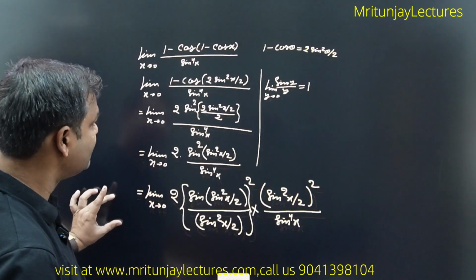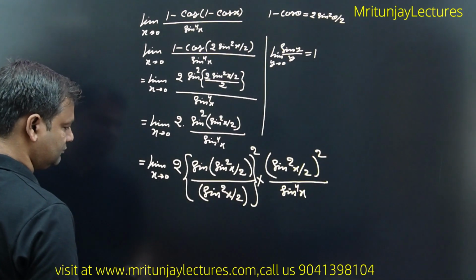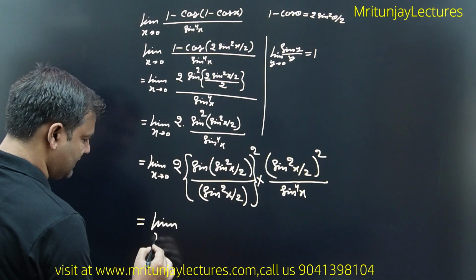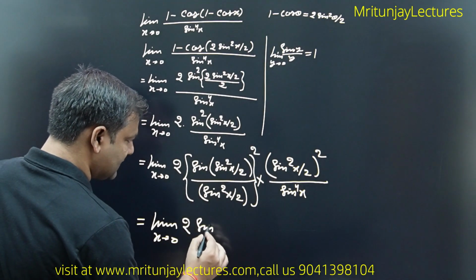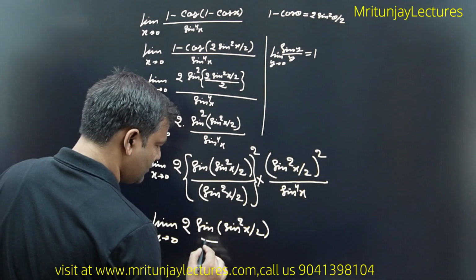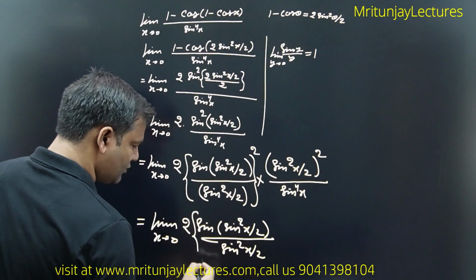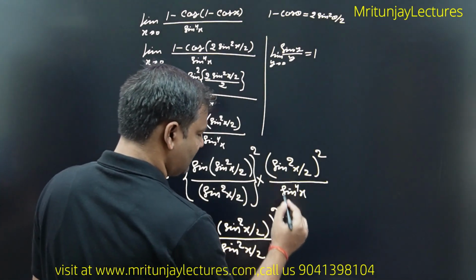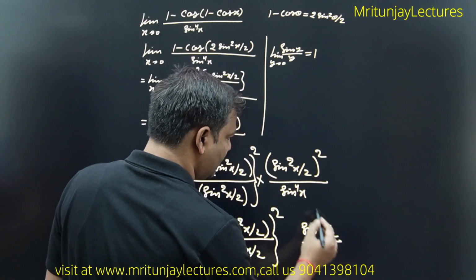So you can say limit x tends to 0, 2 sin of sin square x by 2, whole, divided by sin square x by 2 to the whole power, whole square, and then sin x by 2 to the whole power 4.